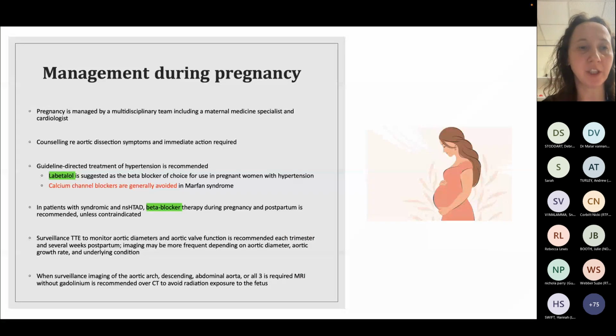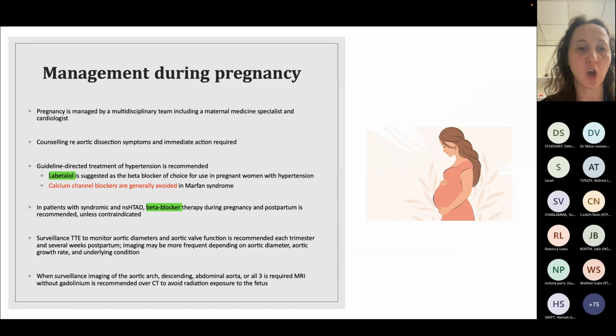In terms of the management during the pregnancy, patients with aortopathy should be followed during the pregnancy by a multidisciplinary team, including cardiologists and maternal medicine specialists.